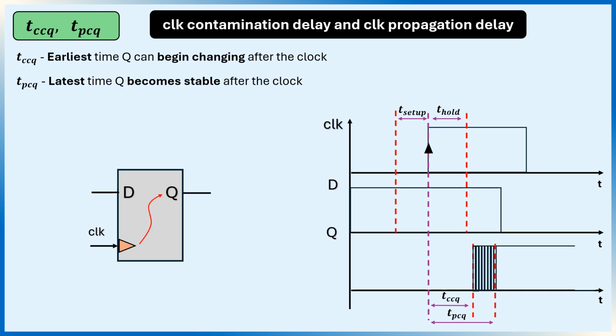Think of it as the slowest possible response of the flip-flop. As you can see in the timing diagram, the output doesn't change in one exact instant. It begins changing after the contamination delay and reaches its final stable value after the propagation delay.